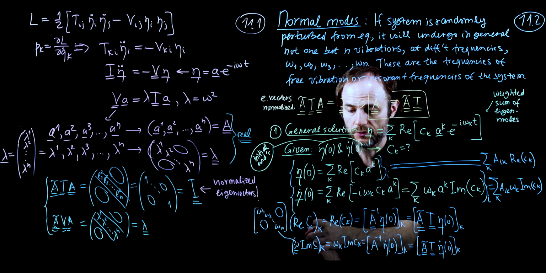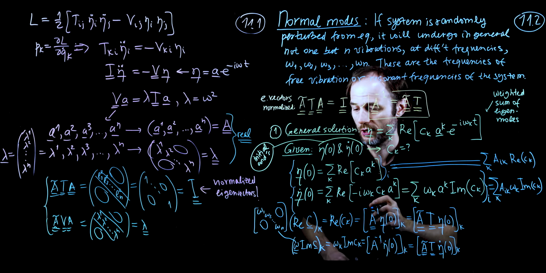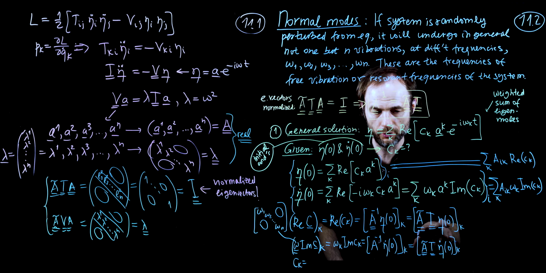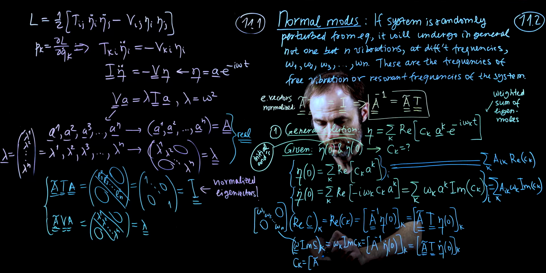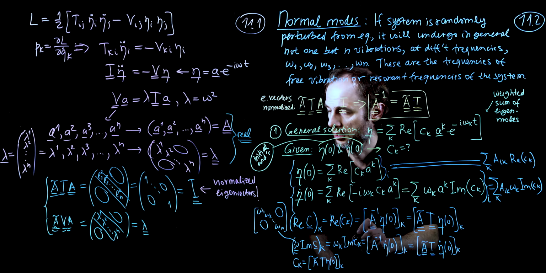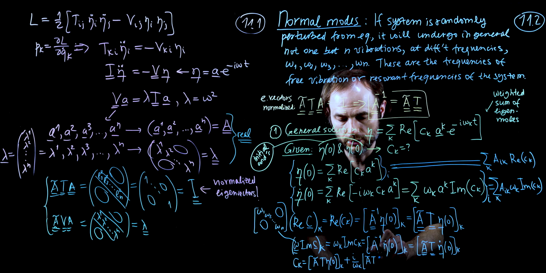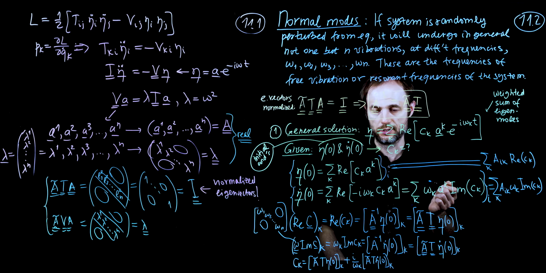Well, we see that we have the kth component of it here, and so we can write out that c_k is going to be equal to the real component of it, which is just that, A tilde times T times eta 0, k, plus i over omega_k times A tilde times T times eta dot of 0, and that will be k as well. So that is as simple as it gets.